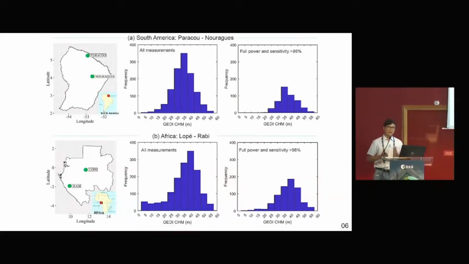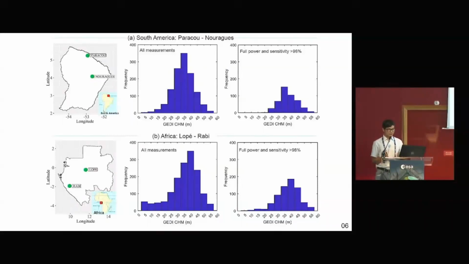That is why we gained a lot of knowledge in TomoSAR in South America, but we have to move to another continent because we don't have the spectrum in the low height range. When we move to Africa, we have quite a full spectrum of heights, and below 20 meters we have many measurements.